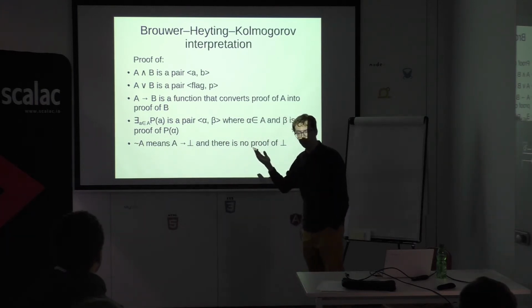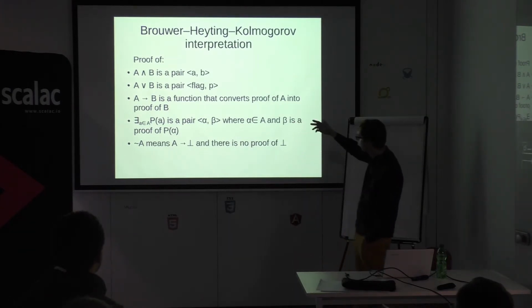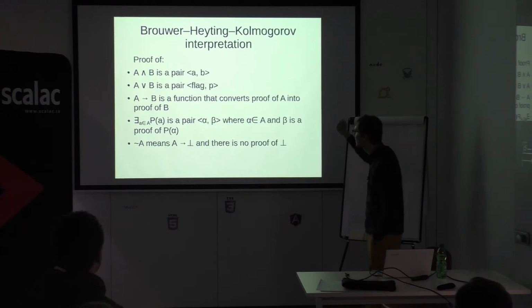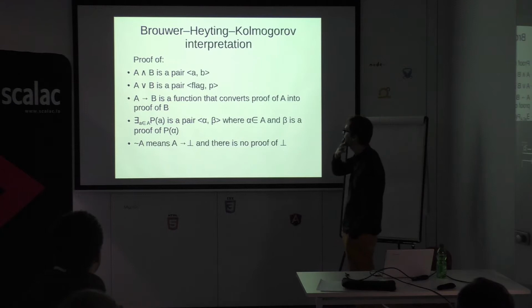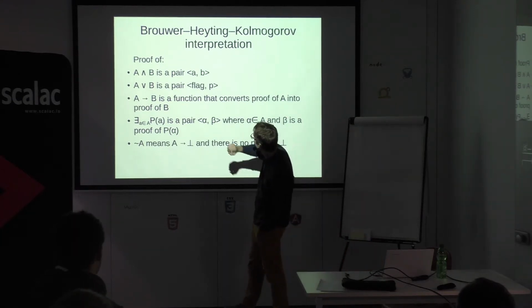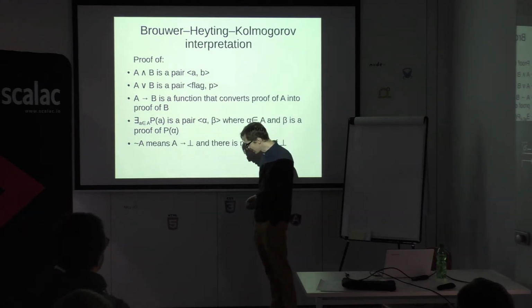Proof is a function, okay? So maybe you'll see that this somehow resembles some programming, maybe some functional programming. This proof is a function, like everything is a function. Maybe it rings a bell.